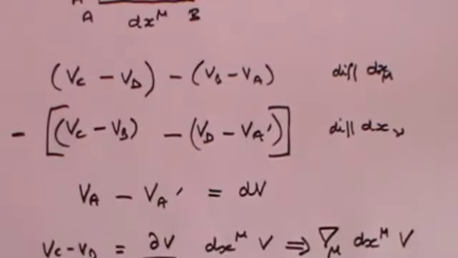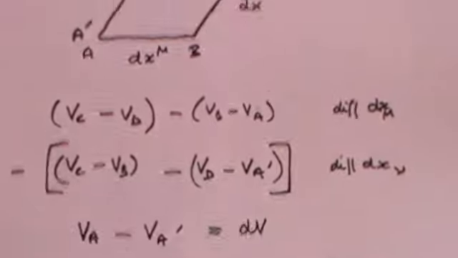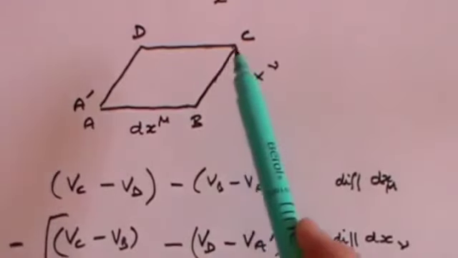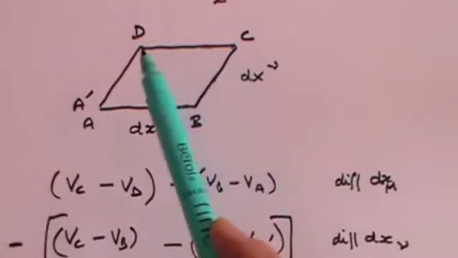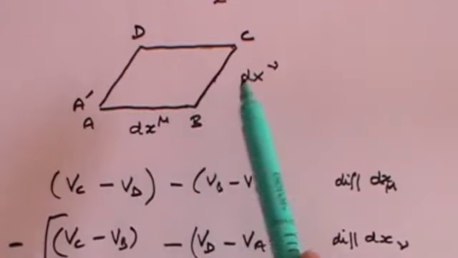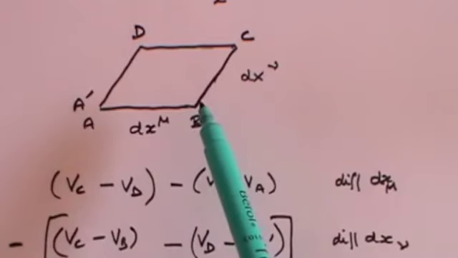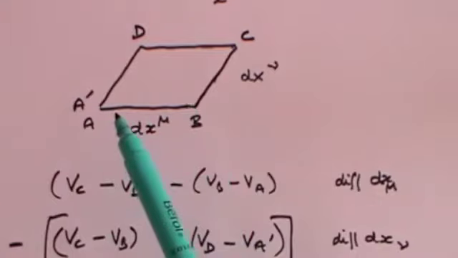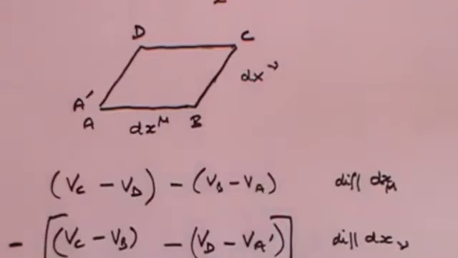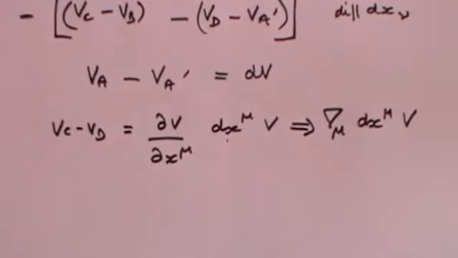Now, what is this term vc minus vd minus vb minus va? That is the difference in the differences on a line which is separated by the distance dx nu. So essentially what you're doing is you're looking at the difference of vectors with a separation of dx nu, which means you have to apply a new gradient to it.